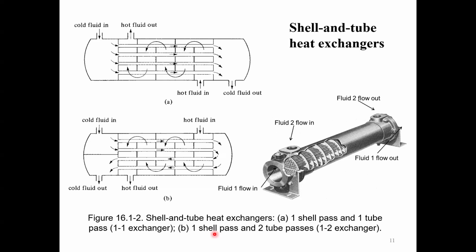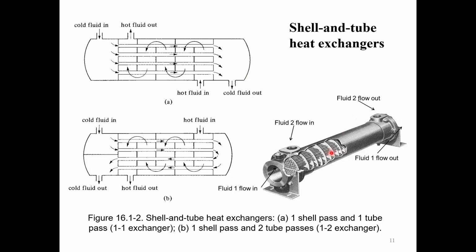It would be impractical to have a pretty long double pipe heat exchanger. So to compact it, researchers have developed another type of heat exchanger, which is called the shell and tube heat exchanger.